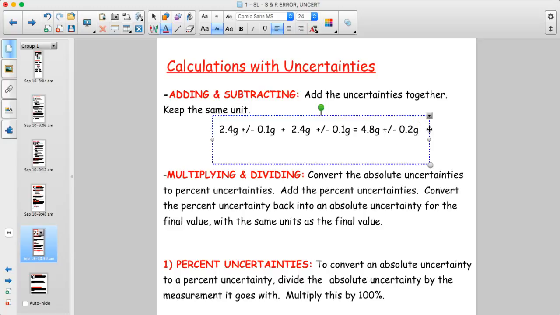The reason being, with 2.4 grams plus or minus 0.1 grams, all I really know is that it's 2.3 to 2.5, and I know the same thing about the next value, 2.3 to 2.5 grams.